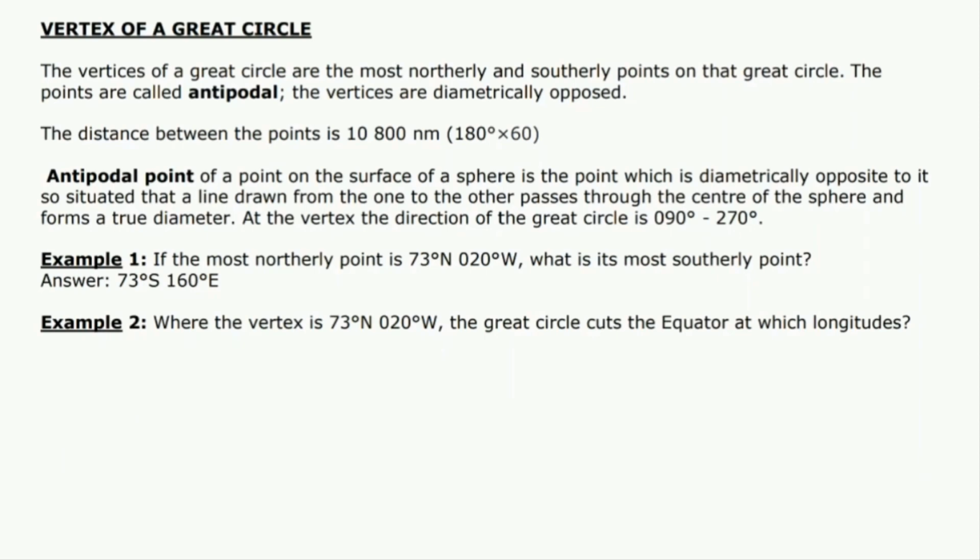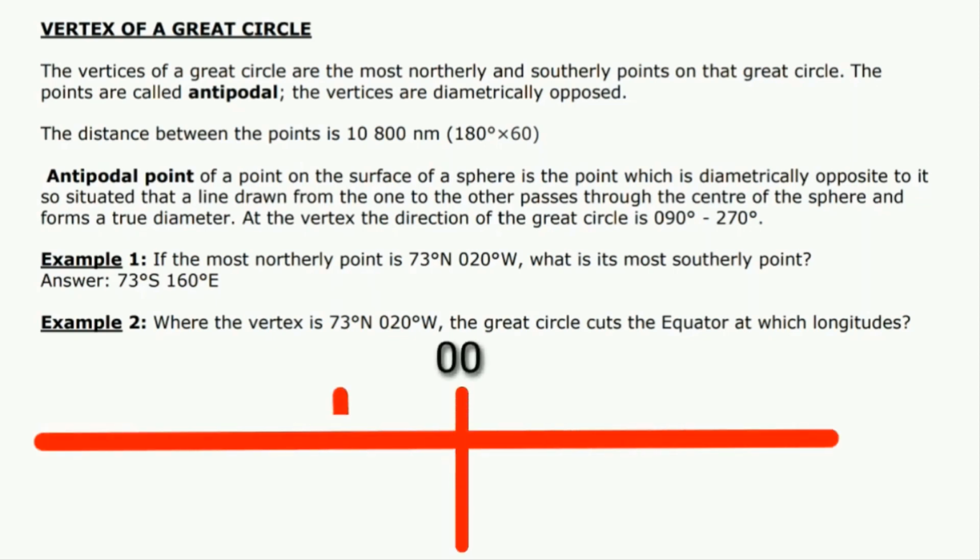Example 2. If the vertex is 73 degrees north, 20 degrees west, the great circle cuts the equator at which longitude? So it is very simple. What you have to do, look, the longitude is 20 degrees west.